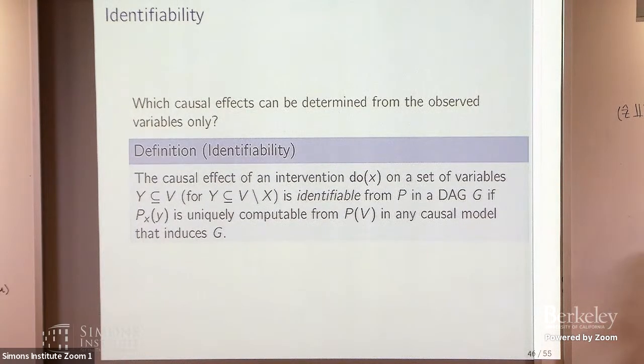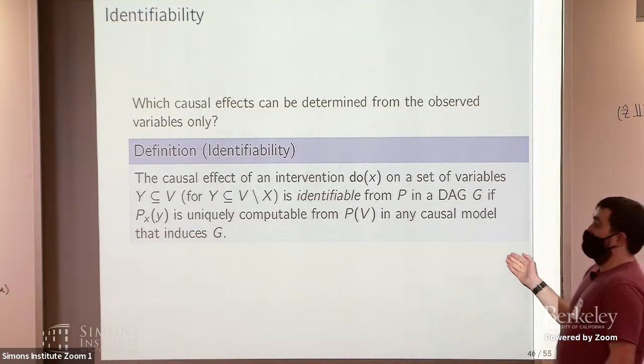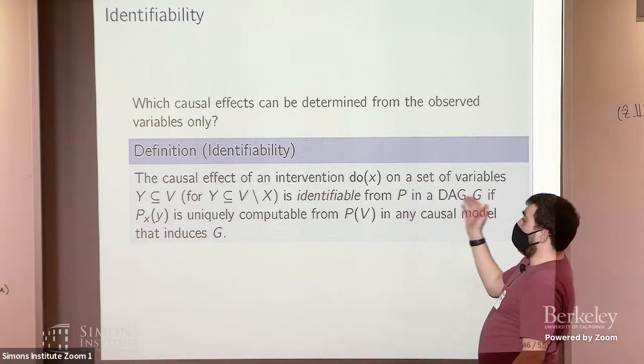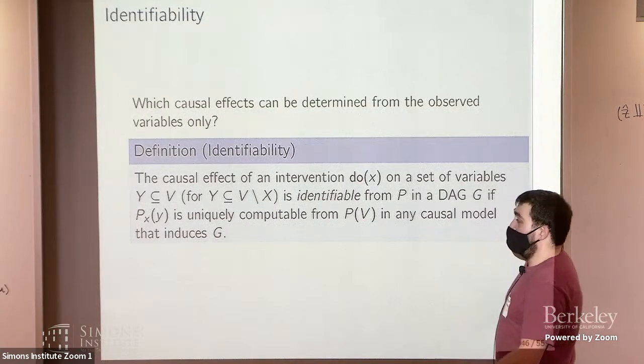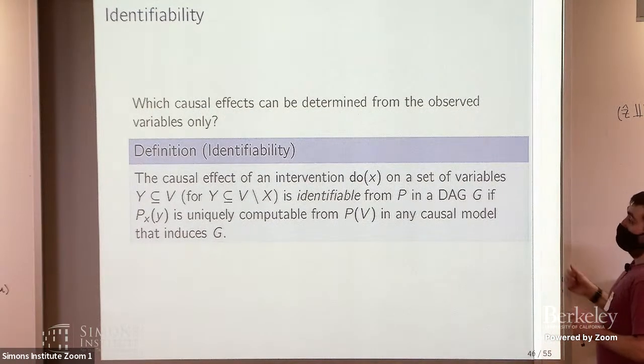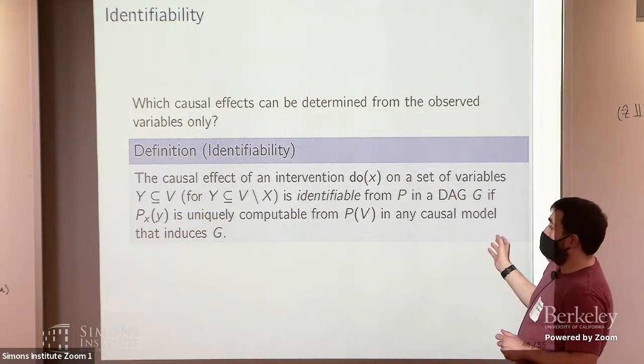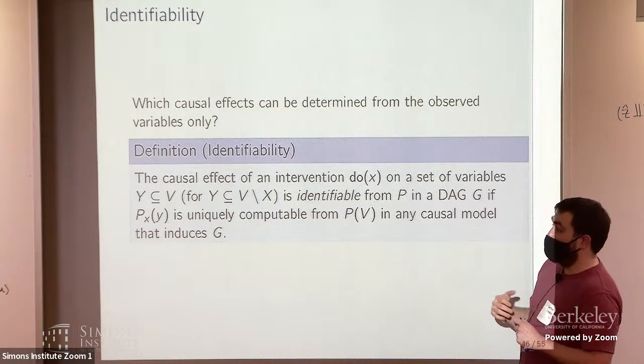We use the notion of identifiability to frame this more precisely. So we'll say that the causal effect of an intervention do X on a set of variables Y is identifiable from P in a DAG G if it's uniquely computable from the observed variables in any causal model that induces the graph.